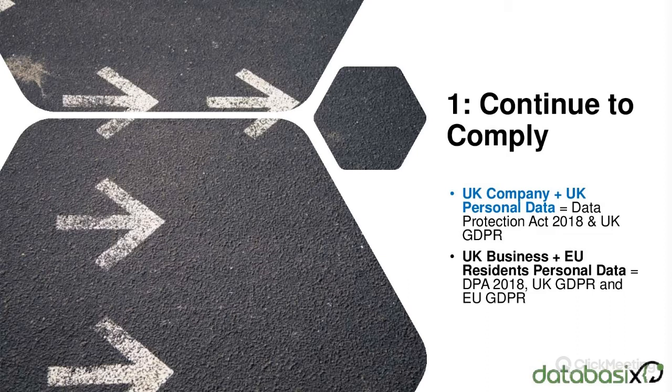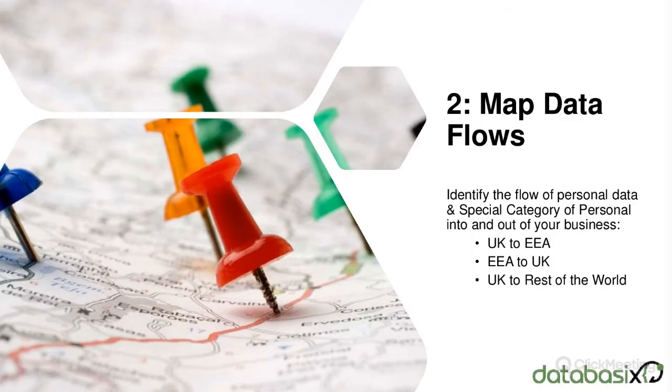Now, at the moment, all of those are going to be relatively aligned. However, because we are now leaving Europe, our data protection regulations may change depending on some of the trade deals that we may be wishing to make. So first point, comply, understand as well where your data is and who your customers are, which I imagine you're all very comfortable with.